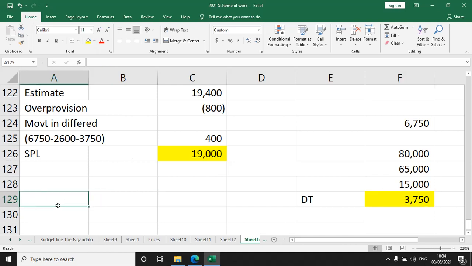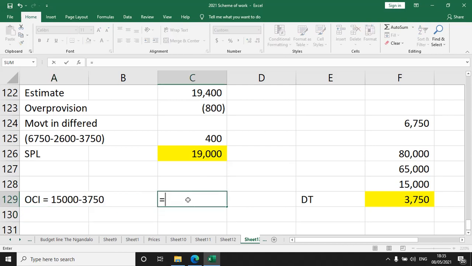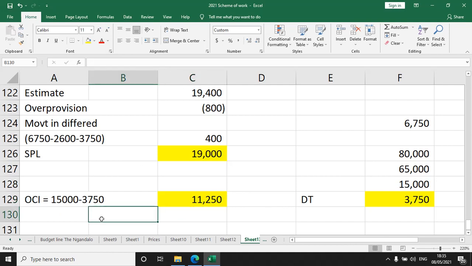So under OCI, your revaluation surplus will be 15,000 minus 3,750, as you can see on the screen there. This is the figure that you're supposed to take to your OCI, other comprehensive income, as well as the statement of changes in equity. So I think I've done my bit.